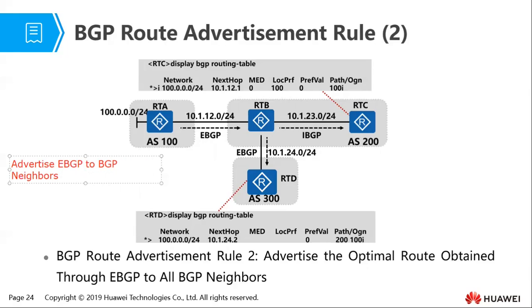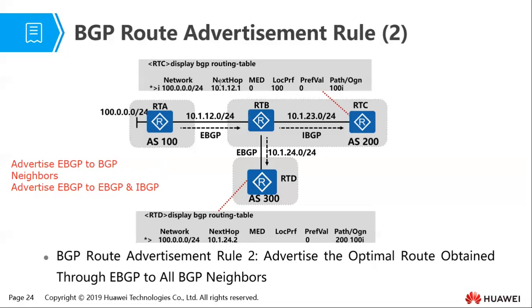What that means is advertise routes that have been learned to EBGP and IBGP neighbors. So advertise routes that have been learned from another autonomous system. You can advertise them to other autonomous systems, or you can also advertise it within your autonomous system. So that is what this rule means.